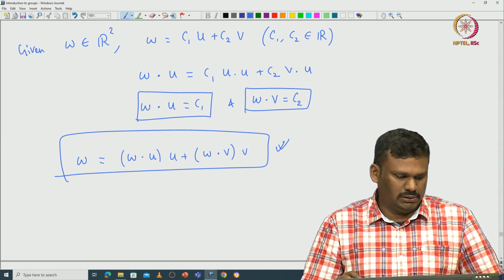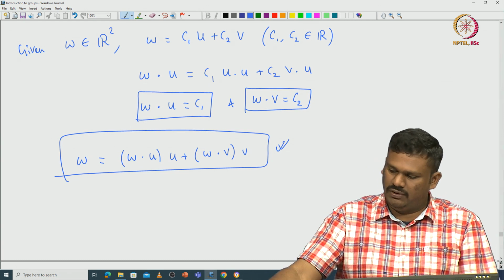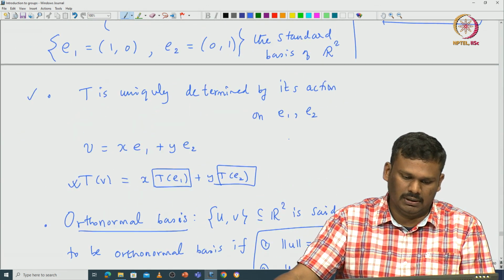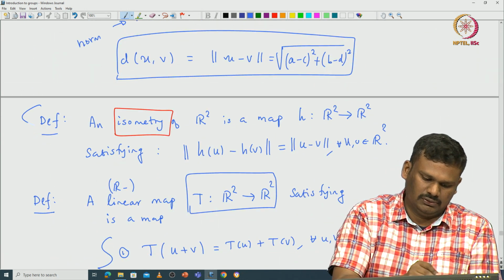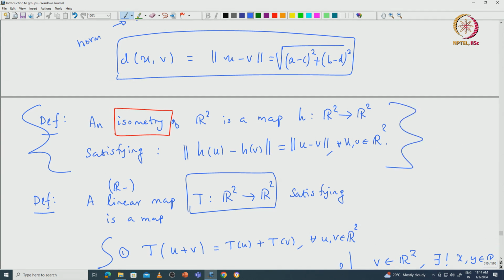Now, as I promised, we want to understand all isometries of R2. So, let us see what all the isometries are that we have in R2. First we begin with some examples, and later we will see that more or less those examples exhaust all possible isometries.